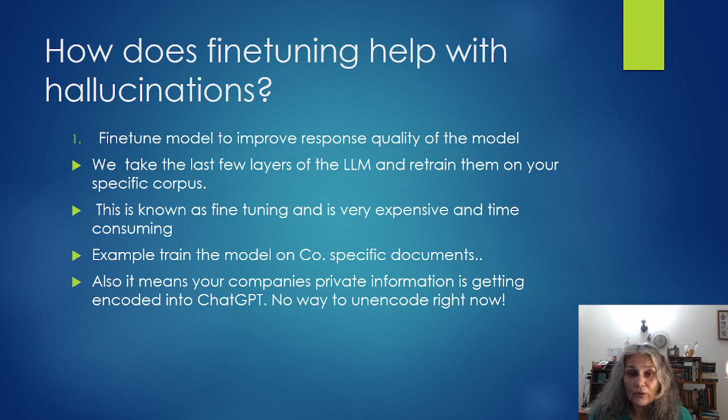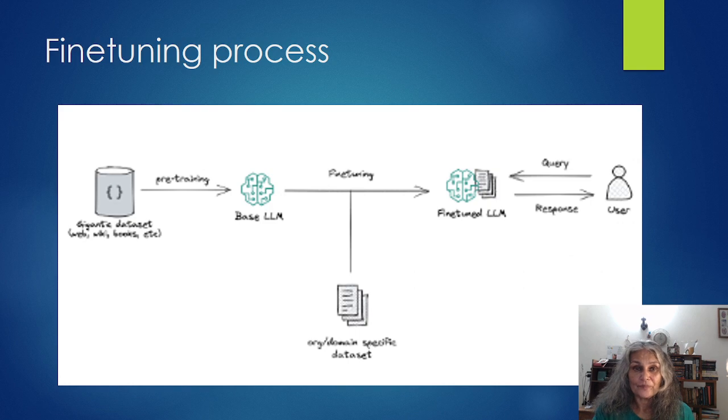Now, all this means is that the model has acquired your domain-specific knowledge and is therefore able to answer questions in a far more intelligent fashion, based on responses which are specific to information that is relevant to your company.